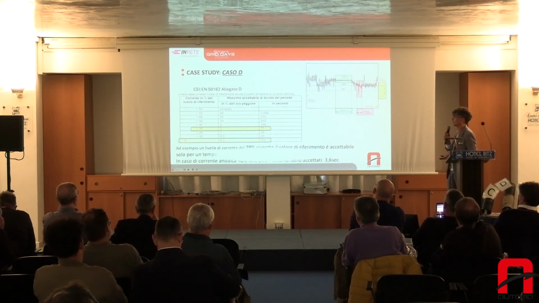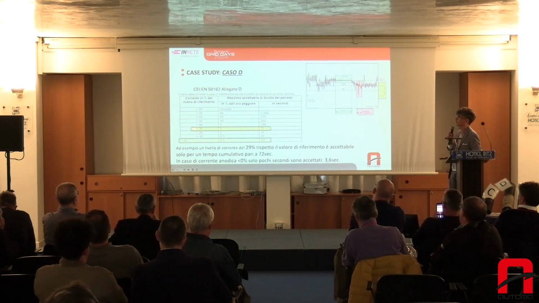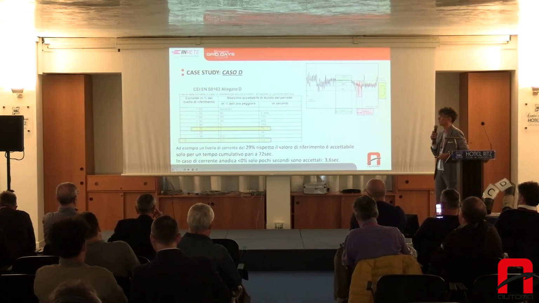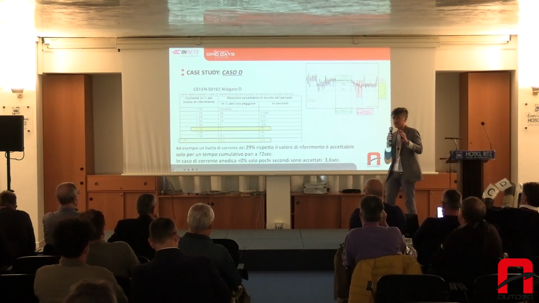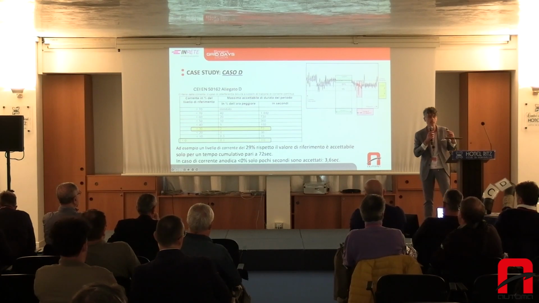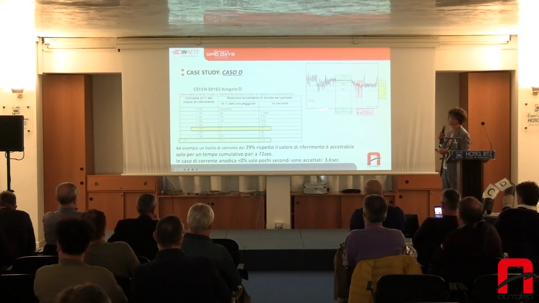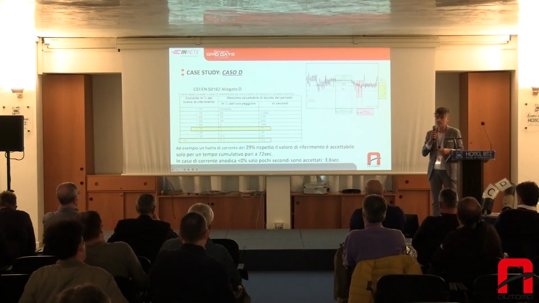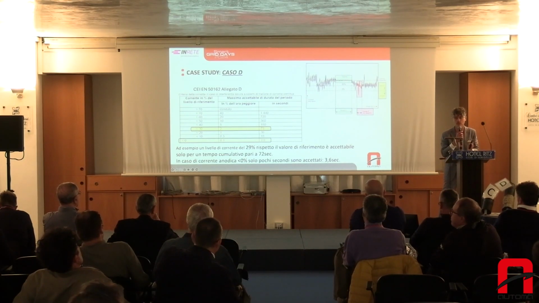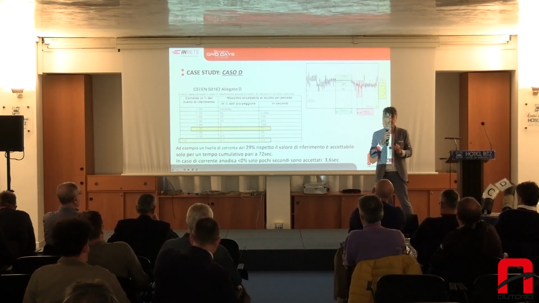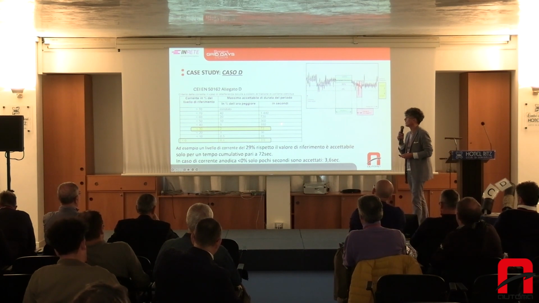In this case, I emphasize 2 points. When I have a current value lower than 30%, like 29, the reference value is acceptable only for a cumulative time up to 72 seconds. On the 73rd second, corrosion starts. So if I'm at 30% of the reference value for 72 seconds, I can accept it.